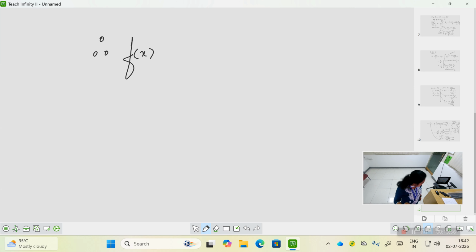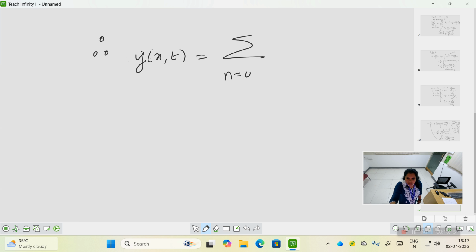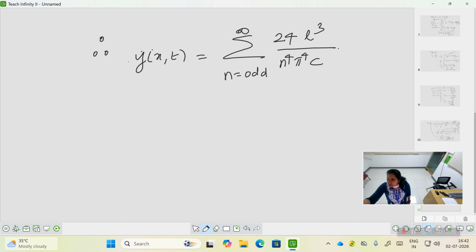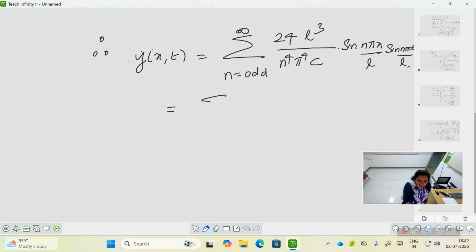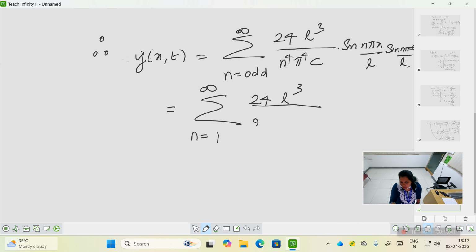So y of x comma t, the displacement function, is summation n is odd to infinity 24 L cube divided by n power 4 pi power 4 c, sin n pi x by L, sin n pi ct by L. If we want to bring the term to 1 to infinity, replace n by 2n minus 1.